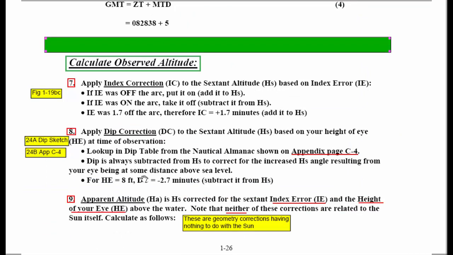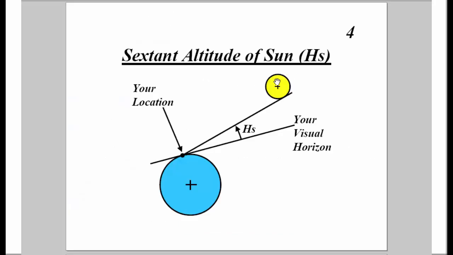Before we look it up, let me show you a little bit about what the dip correction is. Here is the sextant altitude of the sun, and here is your location. Here is the horizon that you see when you look out past your boat. And if your eye is at the water level, this would be the sextant altitude that you would be reading to the bottom of the sun as compared with your visual horizon.